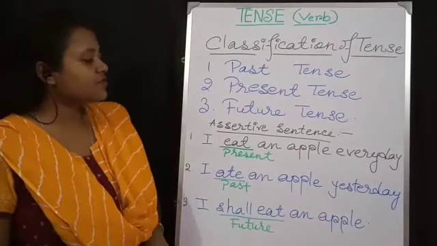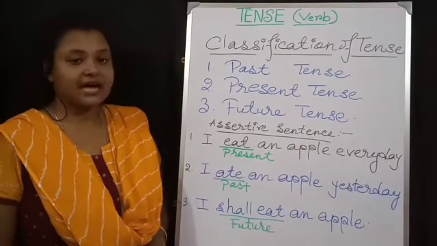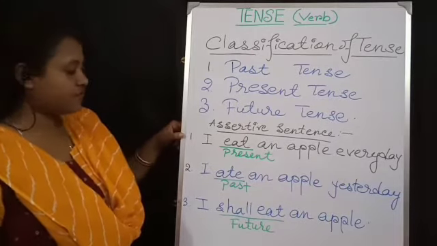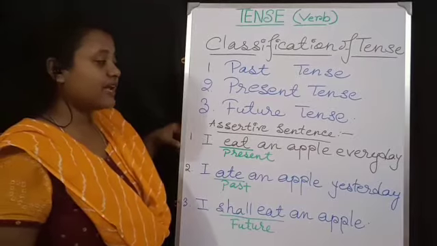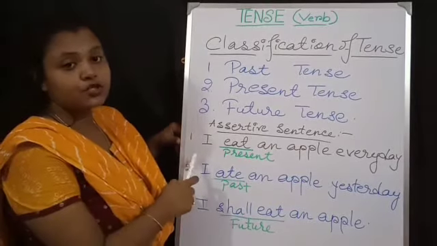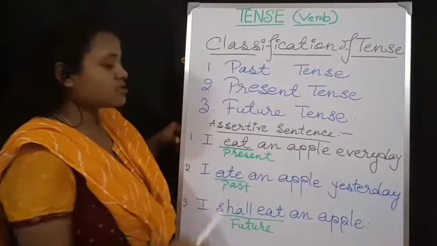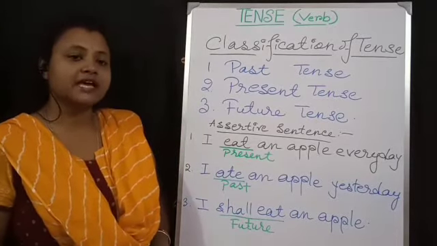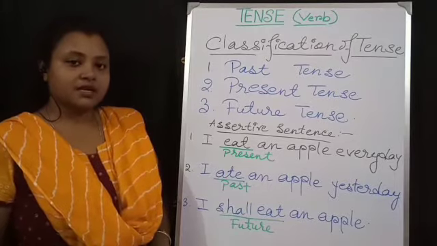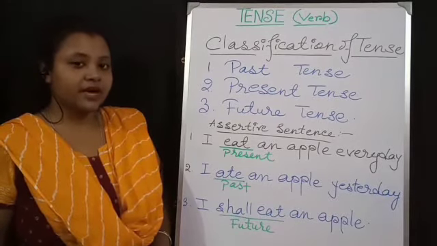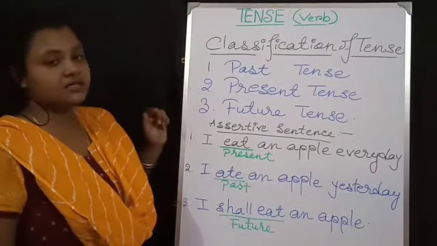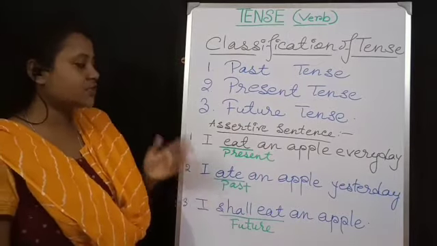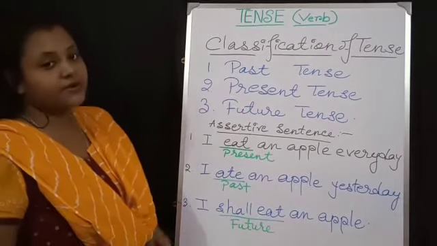So let me give you an example from the assertive sentence. A very easy example that we use in day-to-day life. So, I eat an apple every day. It is a habitual fact. In place of habitual fact and universal truths like the sun rises in the east, the moon shines very brightly over the sky, in sentences like this, in universal truth also, we use present tense.